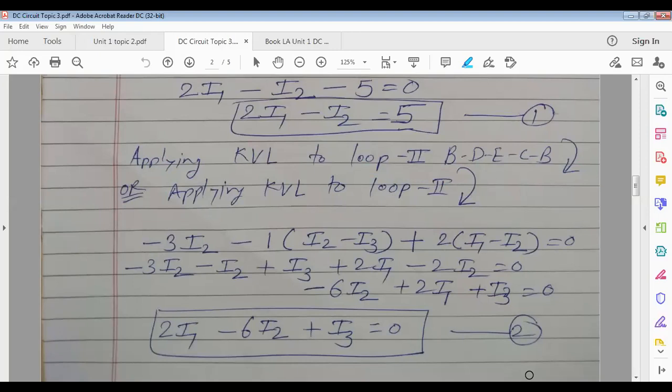This is the second KVL equation you will get. Got it, everyone? Getting this same equation?